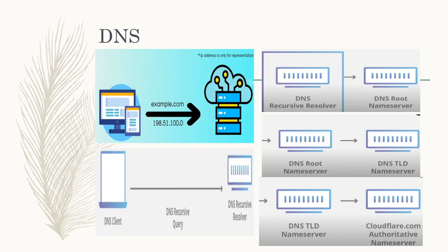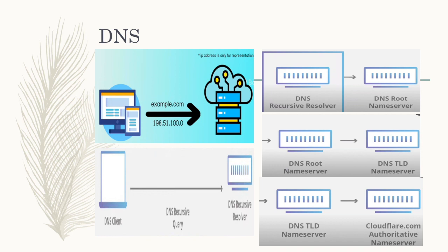For that, the request is sent through the network, and first it reaches the DNS resolver, the DNS recursive resolver. It searches there. If the data is not there, it redirects to the DNS root name server. If the data is also not present in the root name server, it redirects to the DNS TLD name server. If it cannot find the requested data there, it finally goes to the authoritative name server.